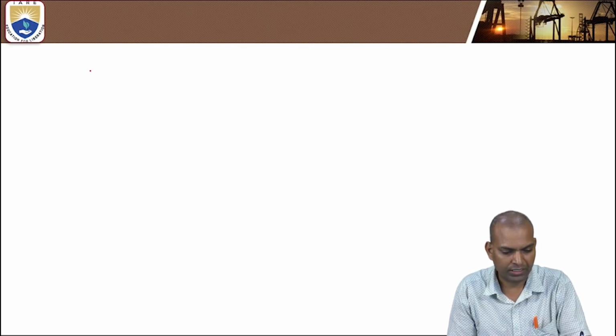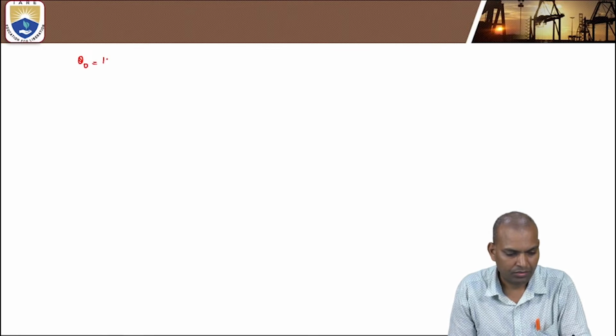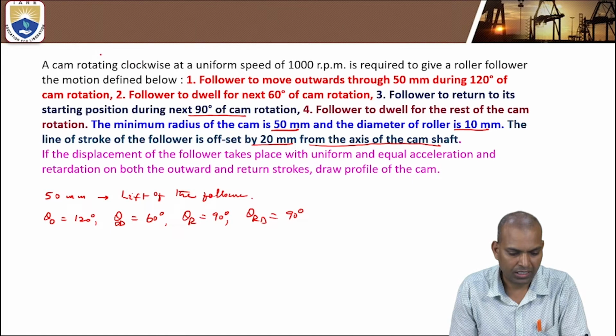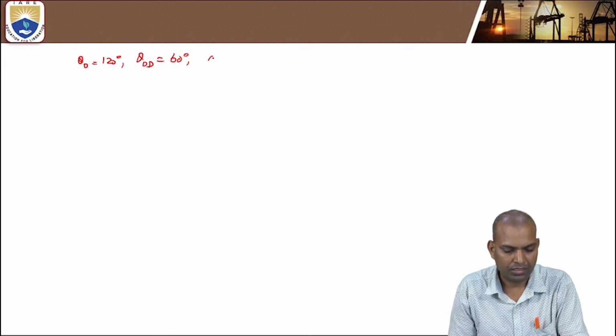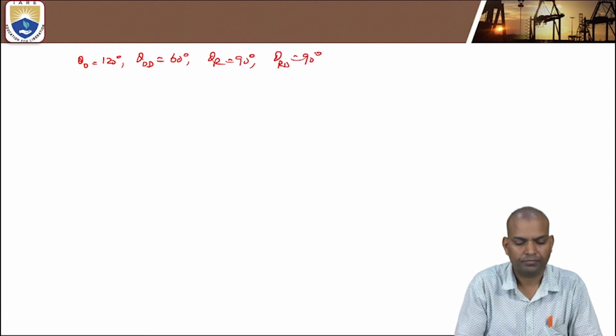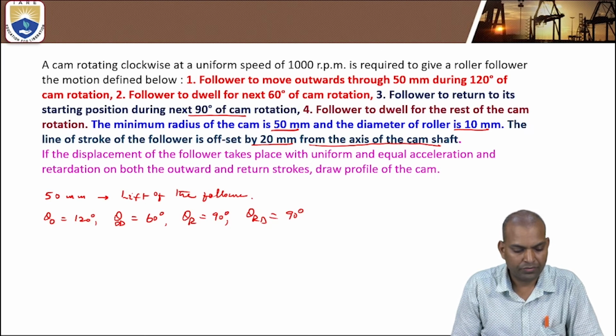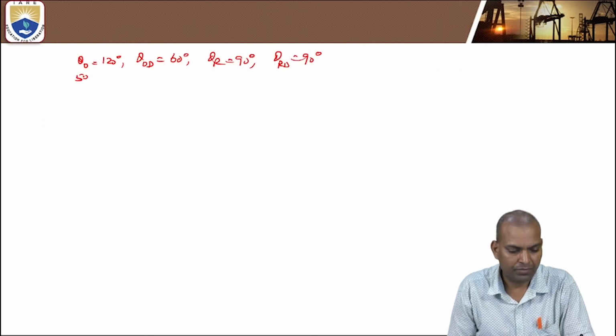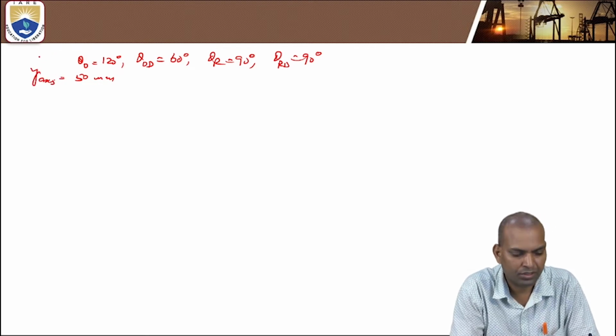Theta outward is 120 degrees, theta dwell during the outward stroke is 60 degrees, return is 90 degrees, and dwell during return is 90 degrees. What is the lift of the follower? That is 50 millimeters. This 50 millimeters relates to the y-axis, and the rotation of the cam relates to the x-axis.